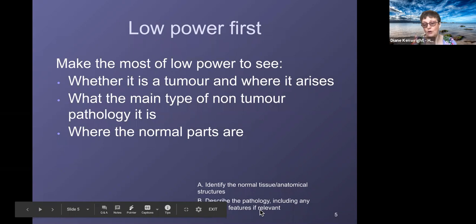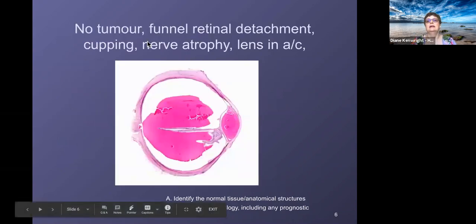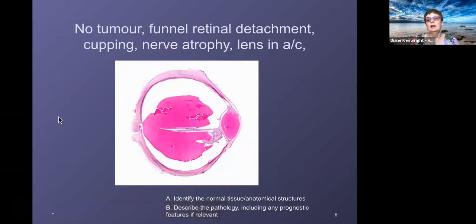All right, low power. Let's look at an example here. Okay, so what we have here is a globe. There doesn't appear to be a tumor, but immediately we can see that there is a funnel detachment, that there is a cup, that there is a really, really large area of subretinal exudate here. We can see that the lens has been pushed right forward into the anterior chamber.